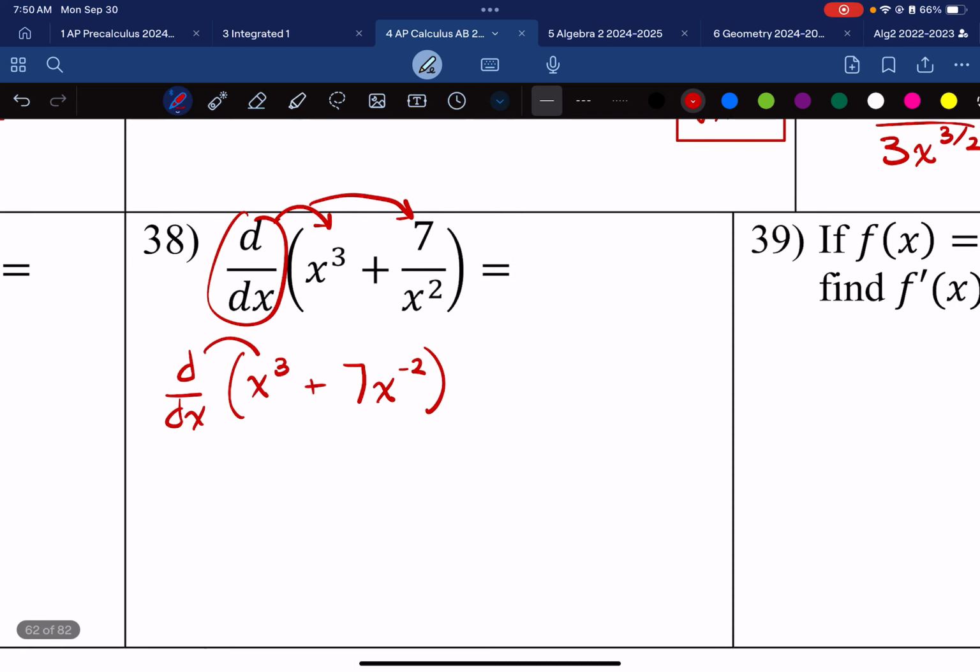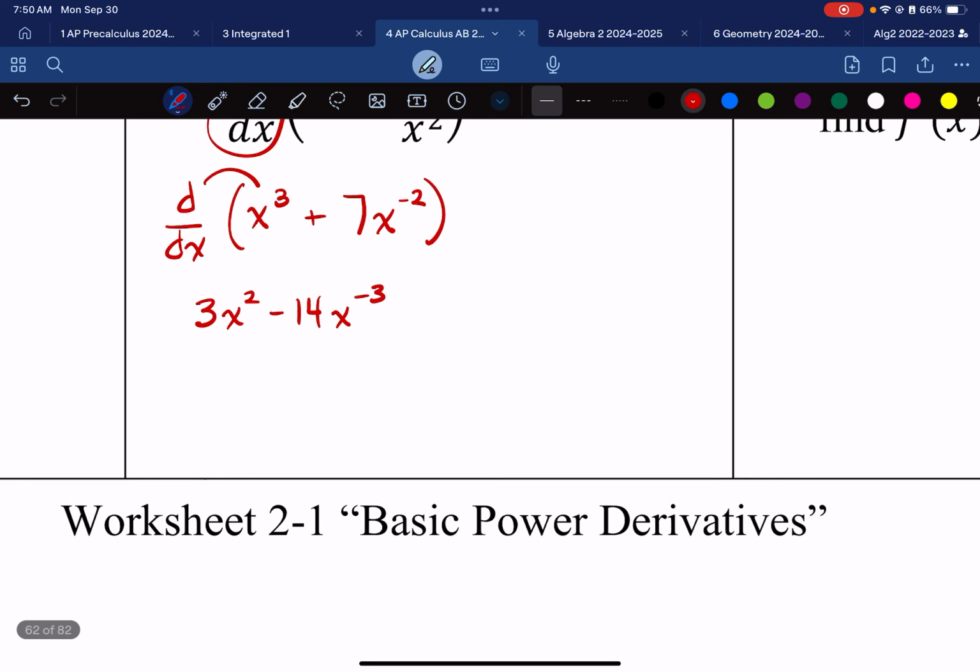So when I take the derivative, I have 3x squared. Again, 3 comes down in front and it goes down to a power of 2. Plus, it's not going to be a plus in this case. Can you see why? The negative 2 is going to multiply by the 7. That's going to make a negative 14. Negative 14x to the power of, I'm going to go down from negative 2 to a negative 3. And that is technically the answer.